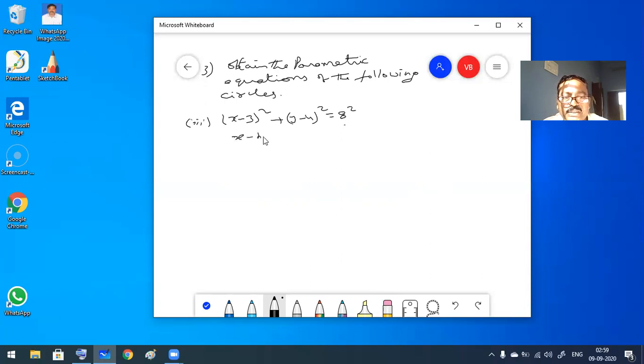This is in the form of x minus h whole square plus y minus k whole square is equal to r square. Okay, so h comma k is the center. Therefore, center h comma k is equal to 3 comma 4, and r is equal to 8. Therefore, parametric equations.